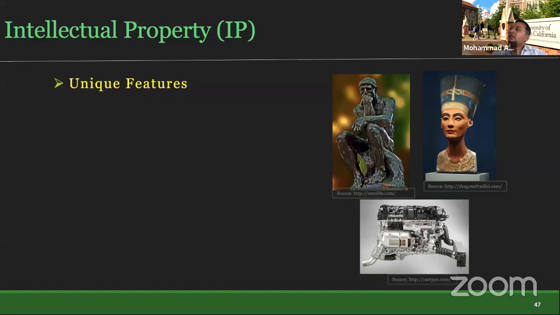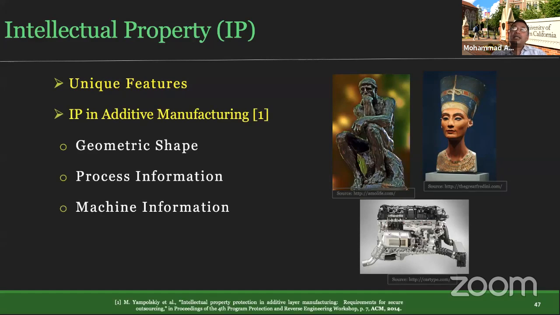And to give you a perspective, what is an IP in this type of physical system? Am I right? A Thinker from Michelangelo, Nefertiti from Egypt, or a Rolls-Royce engine are the IP for many of the systems in industry. But today, because we are 3D printing, the design is basically becoming a recipe that is published, a written recipe: geometric shape, process information, machine information. This became the IP for additive manufacturing.